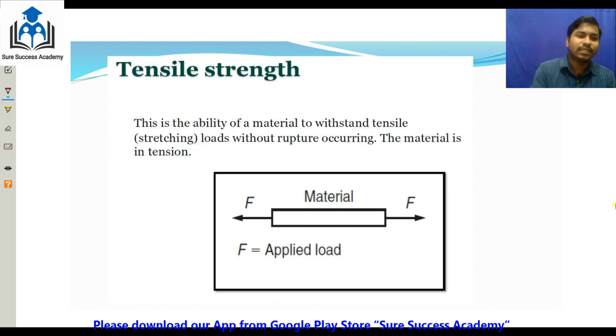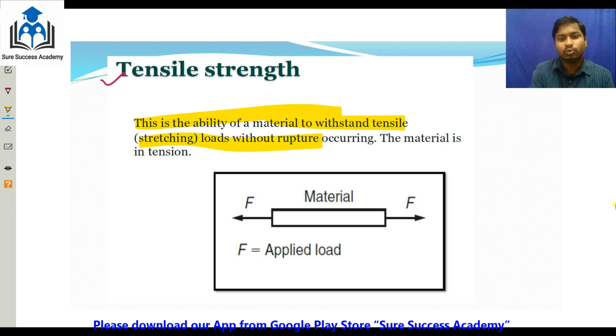Tensile strength is the ability of the material to withstand tensile loads without rupturing, fracture, or failure. The material is in tension. If you apply an external tensile load, it should not break or fracture.